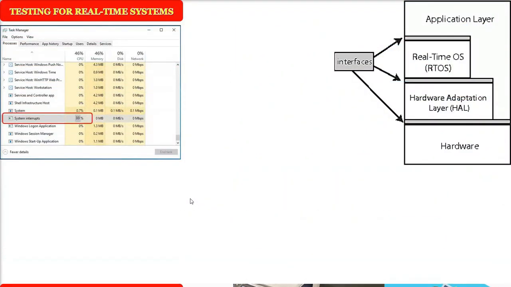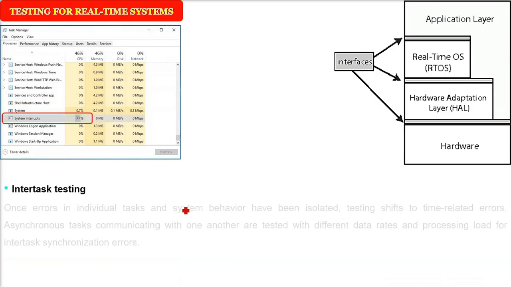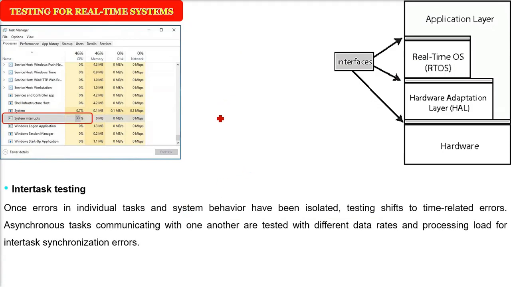What is the third one? Inter-task testing. Once the errors in individual tasks and system behavior are isolated, found and dealt with, our testing will shift to the time related errors, because this is a real-time system. There can be tasks which communicate at any time. These are asynchronous tasks. When they are communicating with one another, you have to test them with different parameters.